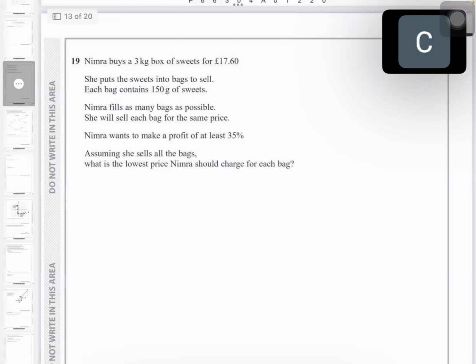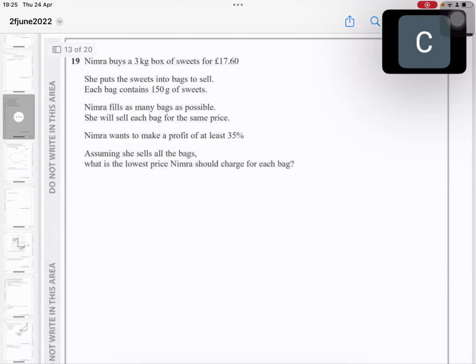That's the lowest price she will have to sell each bag. Of course, lowest price means she can sell it at a higher price if she wants, and that's the whole idea of saying at least 35%. She could have sold it at something higher, maybe £2. But the lowest she can sell it for is £1.19.